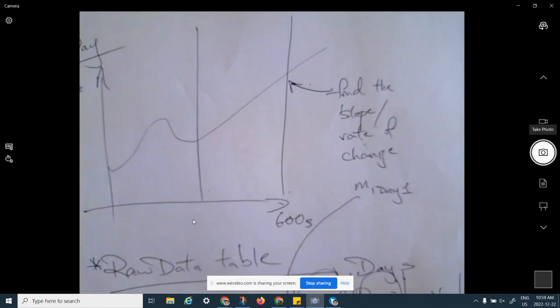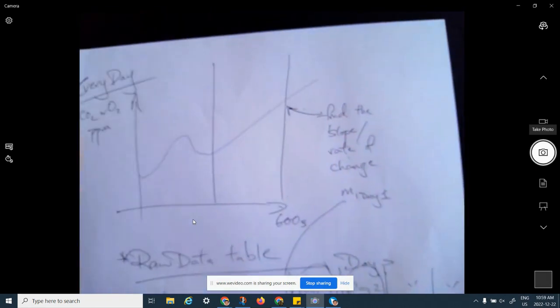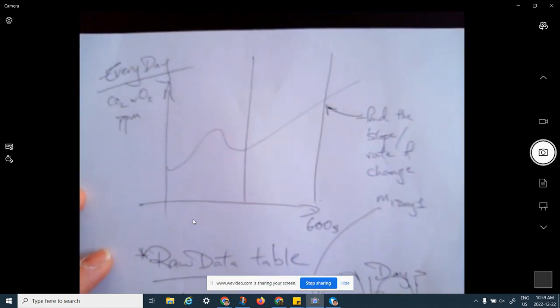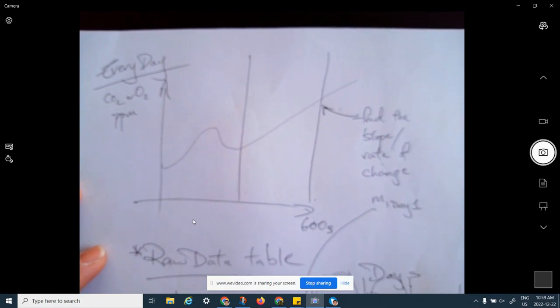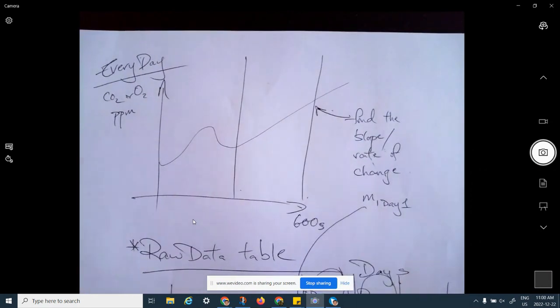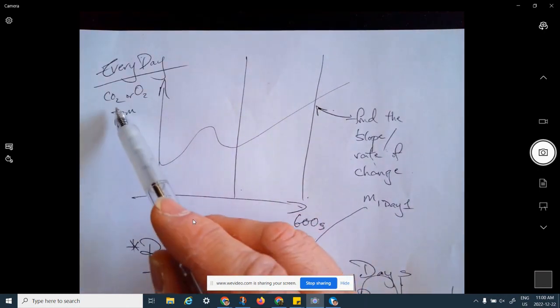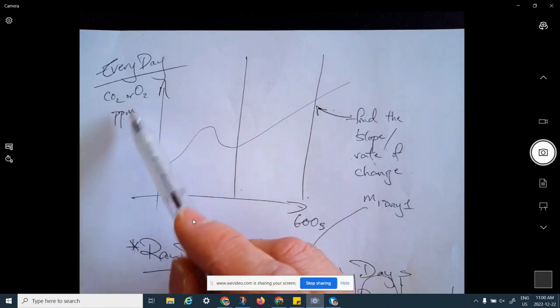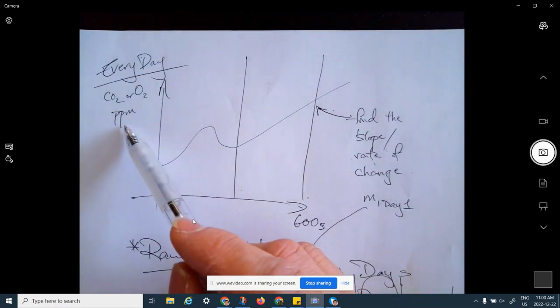So if you remember the lab, you had 4 flasks of whatever seeds you were growing. You were measuring either the CO2 or the O2 concentration, okay?